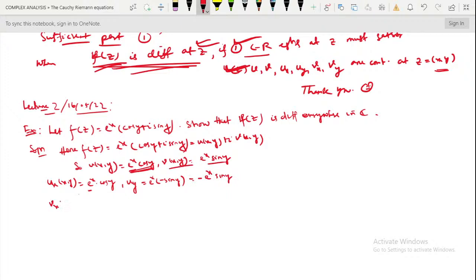Then what is your v x? Take the partial derivative with respect to x of e to the power x, which again is e to the power x, and sin y stays as it is. Then v y will be e to the power x into the derivative of sin y, which is cos y.